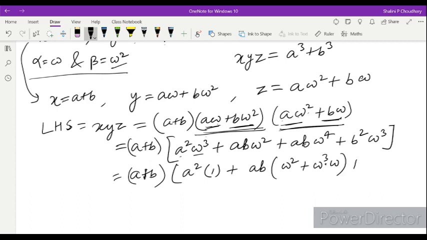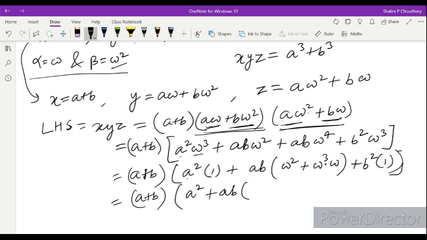Okay, plus B square into omega cube is equal to 1. So it will be equal to A plus B into A square into 1 will be equal to A square, and plus AB and omega square plus omega.